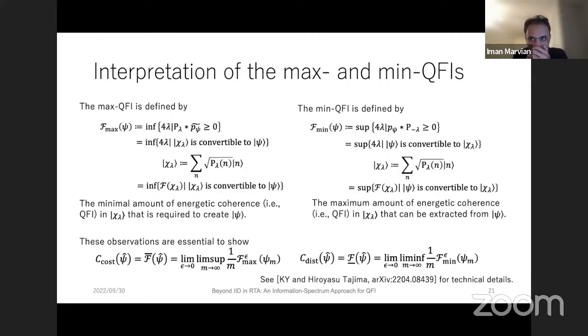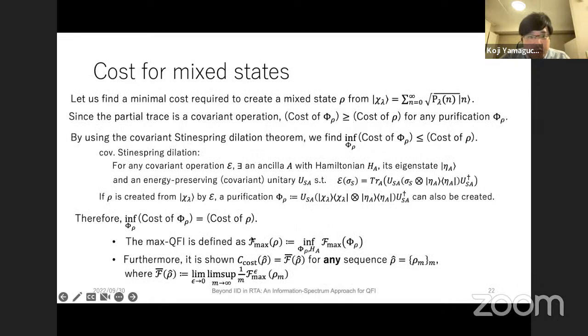Well, so I think your concern is the definition for the maximum contribution information for mixed state, right? That's right.